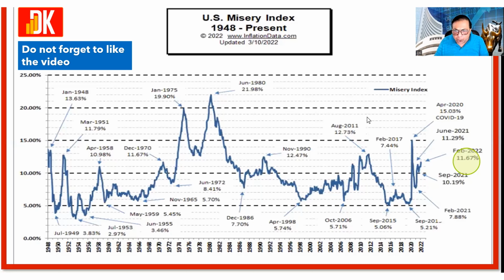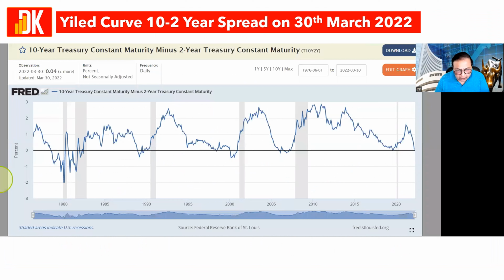Now let us check the yield curve inversion aspect of the forthcoming recession. We are referring to the 10-year Treasury constant maturity and the 2-year Treasury constant maturity.